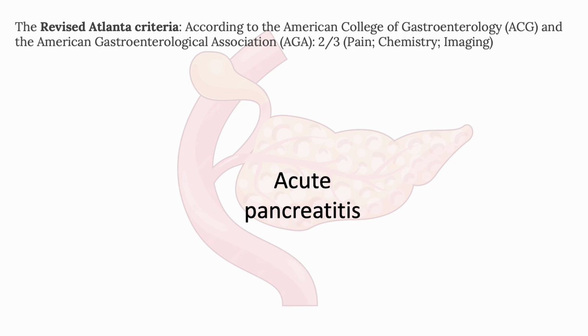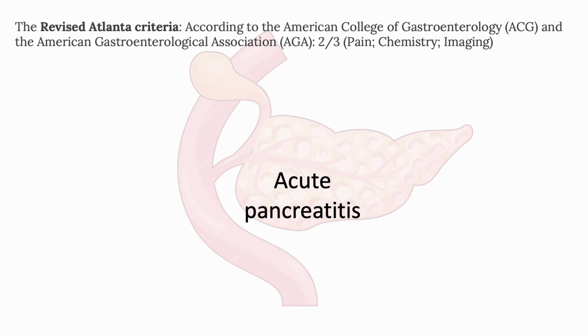Acute pancreatitis is probably one of the most common reasons for admission to the hospital due to abdominal pain. We see it all the time, very common. Technically, we always use the revised Atlanta criteria according to the American College of Gastroenterology, the ACG, and the American Gastroenterological Association, the AGA.